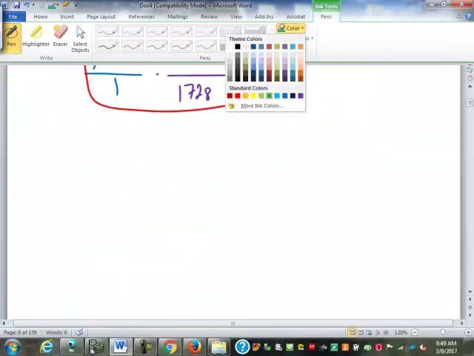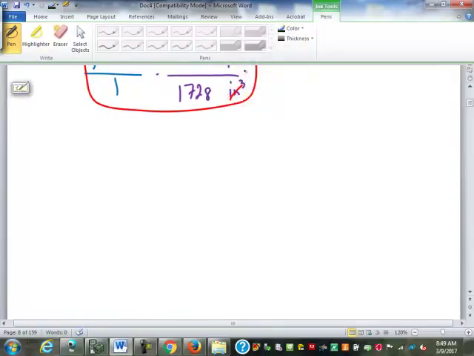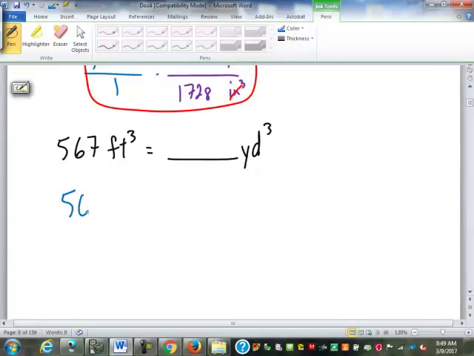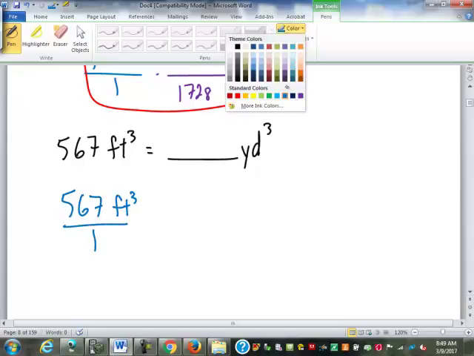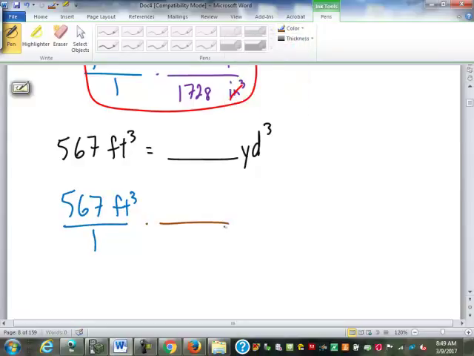Now here's a calculation I actually use a lot. Let's say we have 567 cubic feet. I want to convert it into cubic yards. So I set this up, cubic feet on bottom, cubic yards on top.